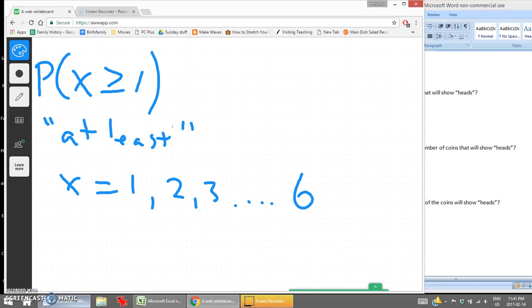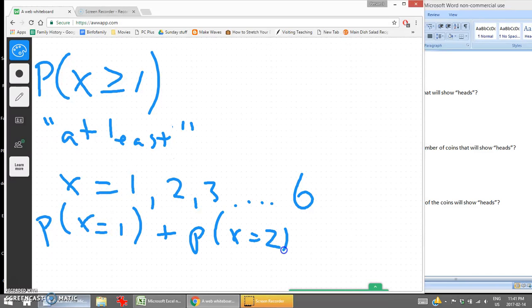We have to look at doing 6 calculations. So we would find probabilities for x equals 1, add that up with the probability of x equals 2, and do that calculation all the way up to x equals 6. We're going to have 6 probabilities, we add them up, and that's the probability that it is at least 1.